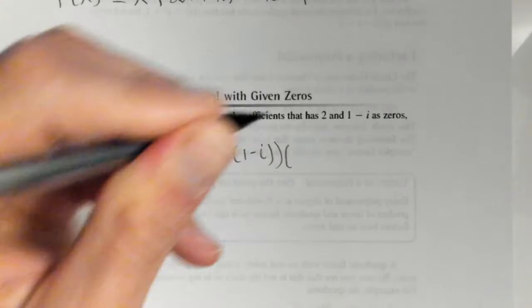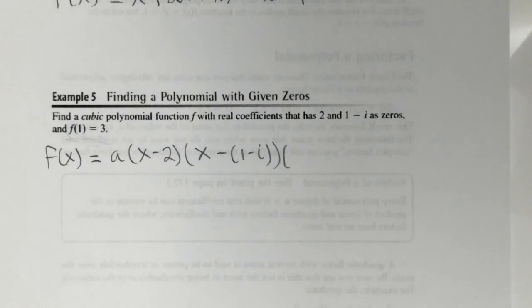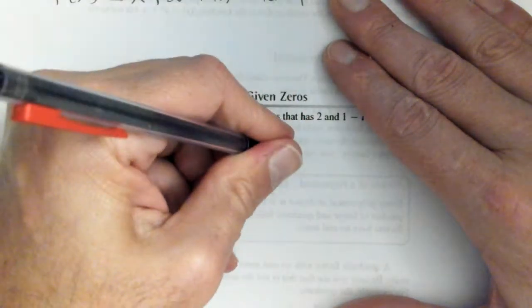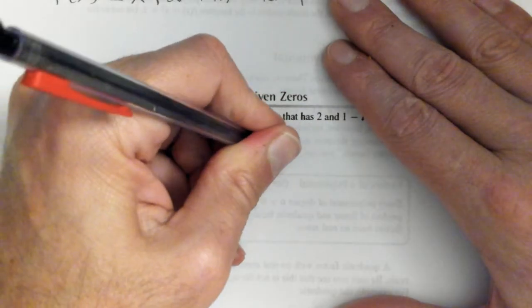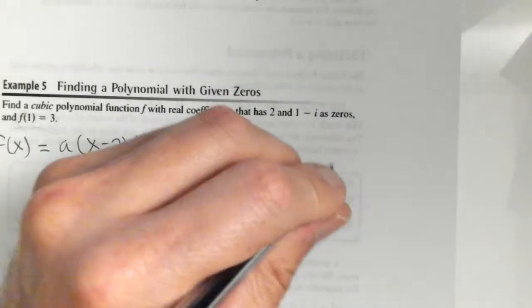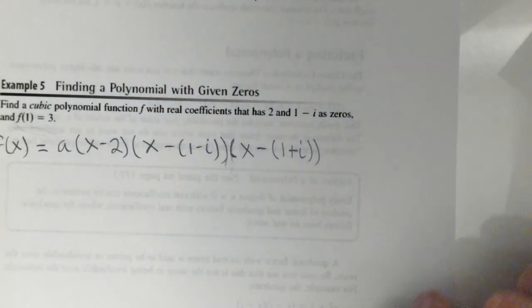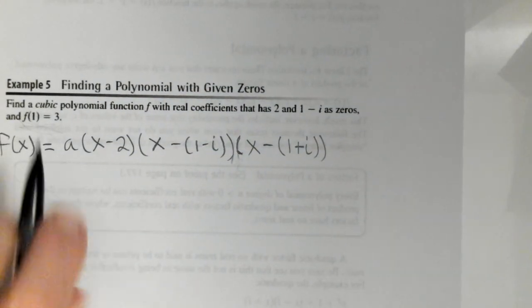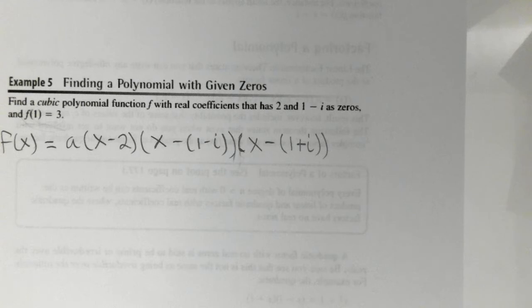Now, remember what we know about complex roots. If you've got a complex root, then the conjugate of that is also going to be a root. So the conjugate of this would be x minus open 1 plus i. So I know now that these are my 3 factors of the cubic polynomial.